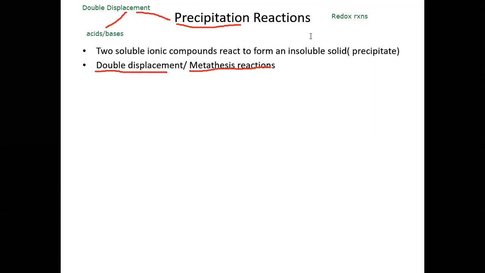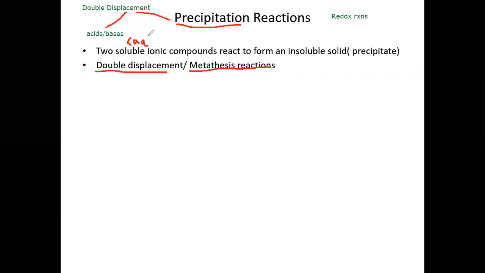And so for precipitation reactions, which is a subset of double displacement reactions, what we need is two soluble ionic compounds to react to form at least one insoluble solid. So you start with two soluble reactants, and the way you know the reactants are soluble is that they have this subscript aq next to it.